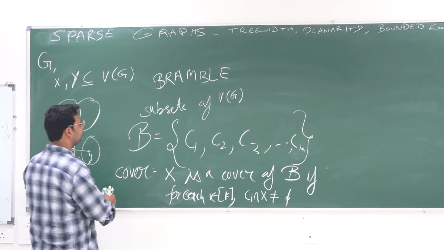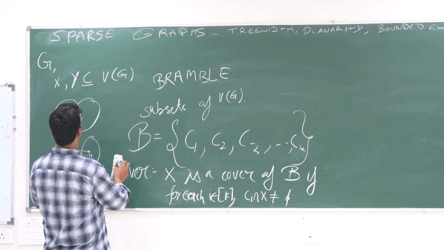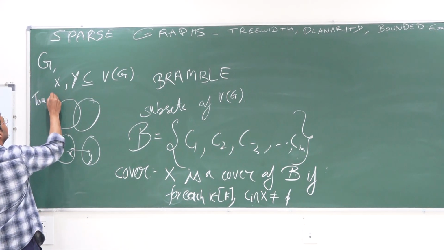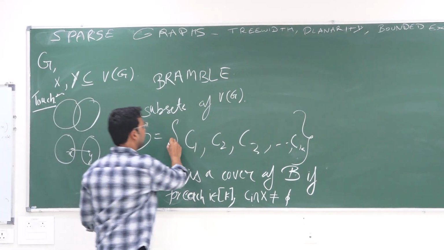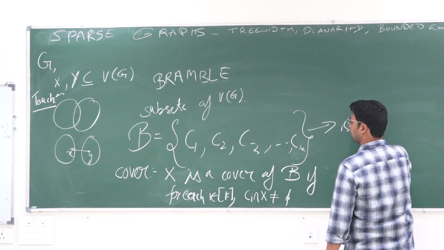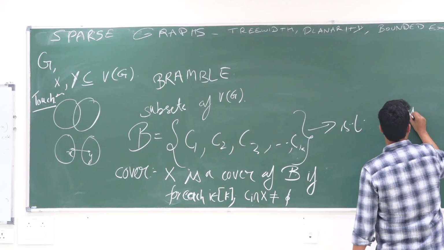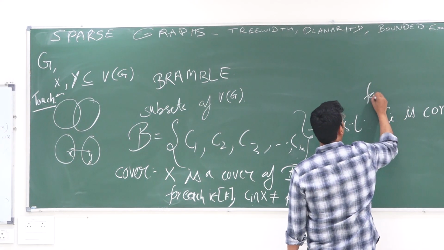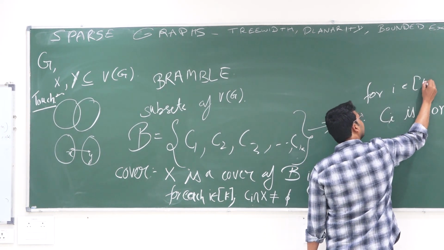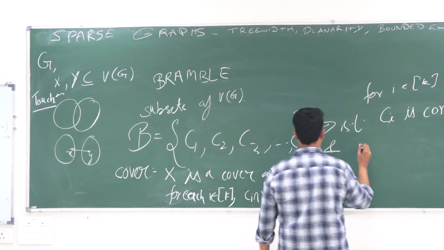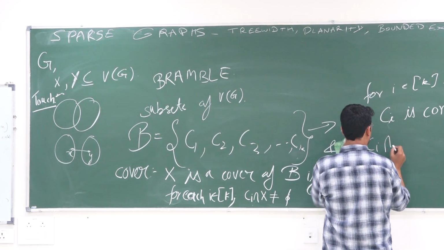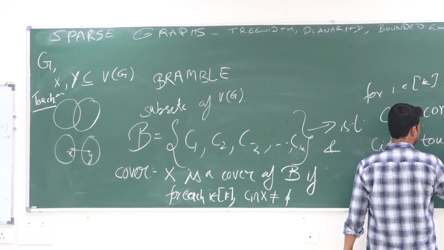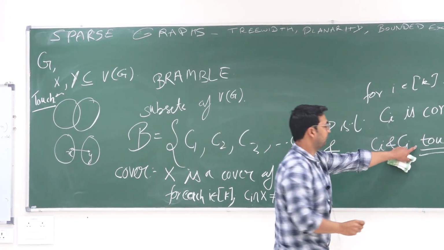A bramble is a collection such that Ci is connected for i in K. This is very important, touching.